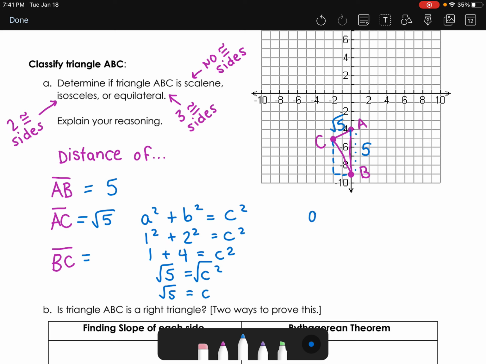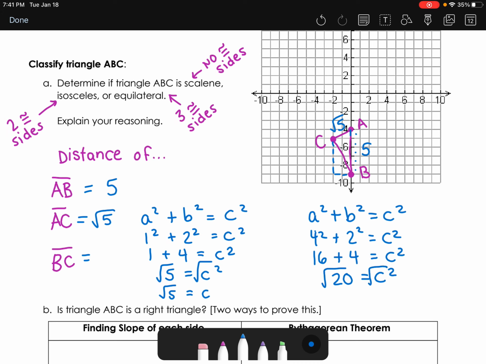So when I use my Pythagorean theorem, 4 squared plus 2 squared equals C squared. 16 plus 4 equals C squared. 20 equals C squared. So C is going to equal the square root of 20.